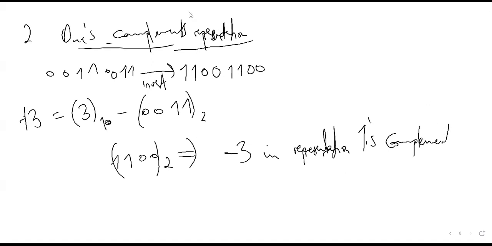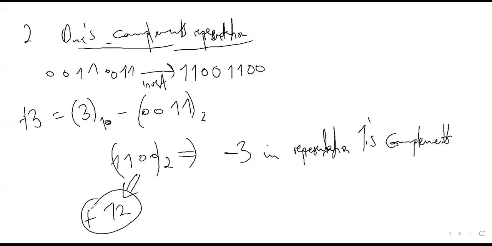Don't confuse representation in one's complement with the normal representation of binary numbers. If I just give you this number from nowhere, I don't tell you what type of representation it is, someone else can say this is 8 4, this is 12, positive 12.